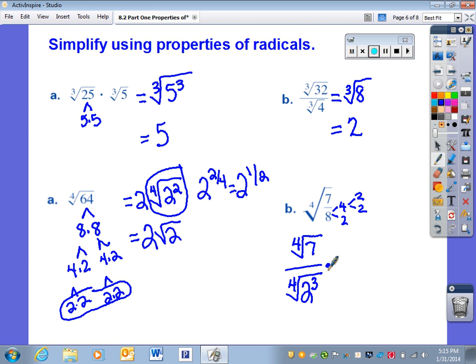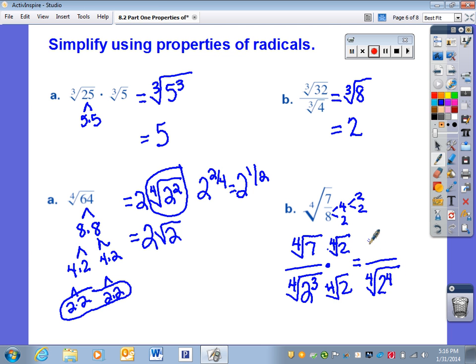So all that I need to do then is to multiply both the numerator and the denominator by the 4th root of 2. What happens then is in the denominator, I have the 4th root of 1, 2, 3, 4 2's, so 2 to the 4th power.